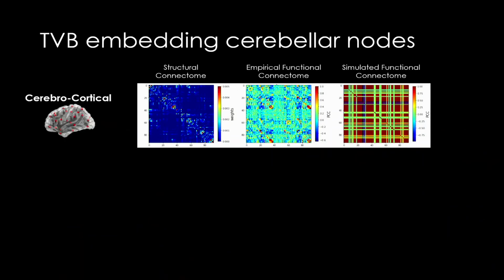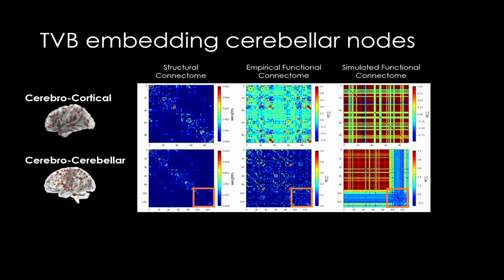Here are reported results regarding the first two matrices. The matrices at the left are the input of TVB. They contain the structural information, while the matrix on the right represents the simulated functional connectivity, the simulated functionality of the brain. In this case, we were only interested in cerebrocortical connectivity.